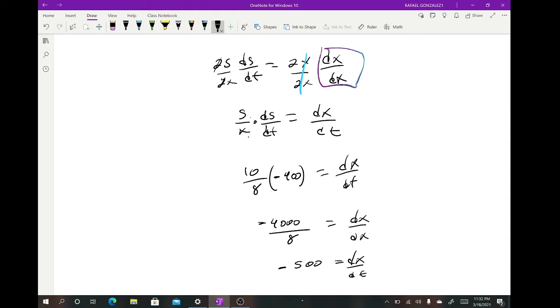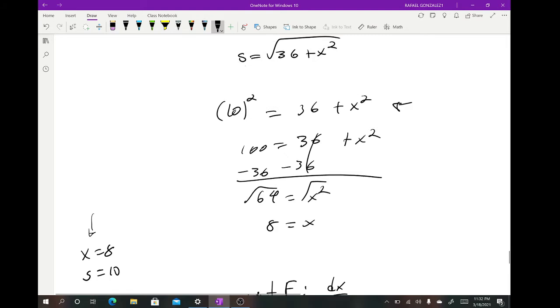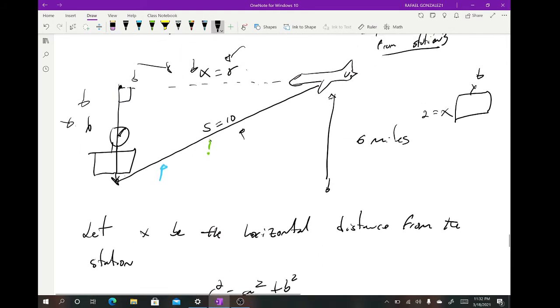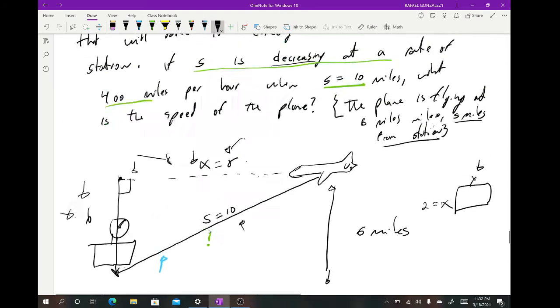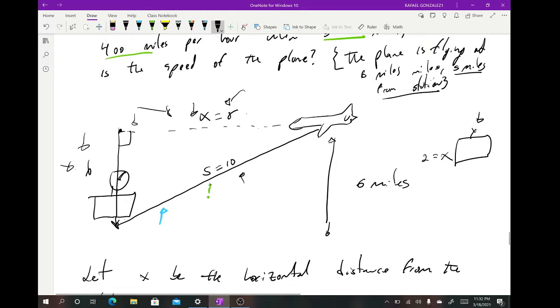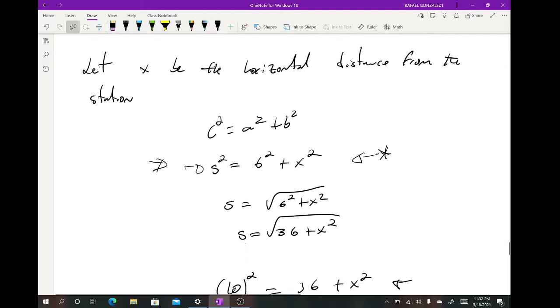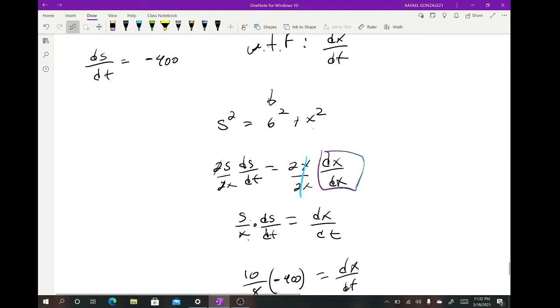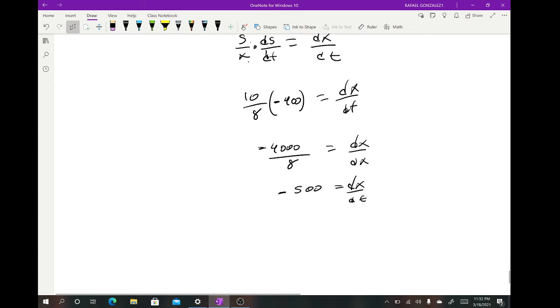Now, keep in mind, we were looking for the speed of the airplane. So we have that the speed of the airplane is 500 miles per hour. Okay. Now, you may say, yeah, there's a negative in there, but remember, speed is also a positive value.